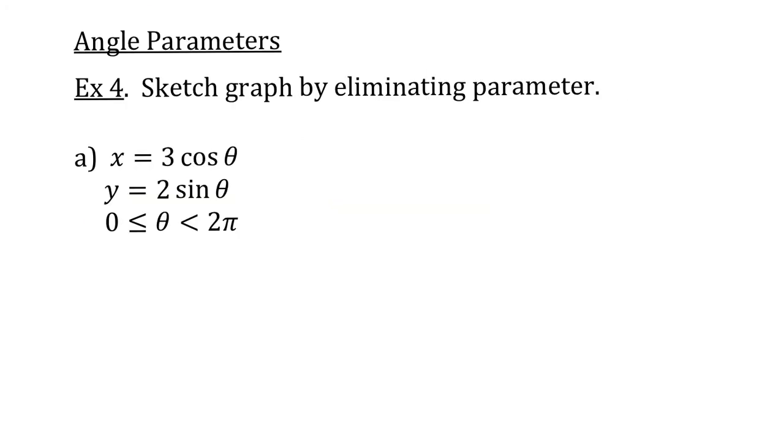Okay, now t is a common parameter to use in parametric equations, but another common parameter is to introduce an angle parameter. So for example, we're going to sketch the graph of these parametric equations by eliminating the parameter. Okay, now when we do these, we use the Pythagorean identities that you remember from chapter 4 and 5.